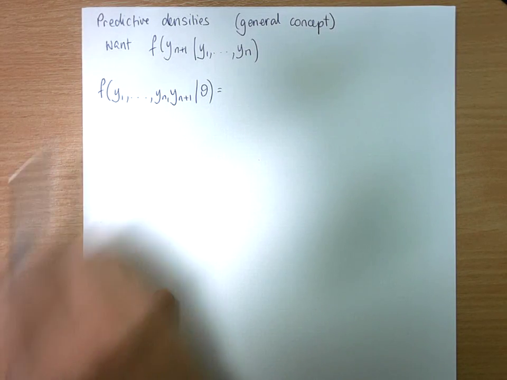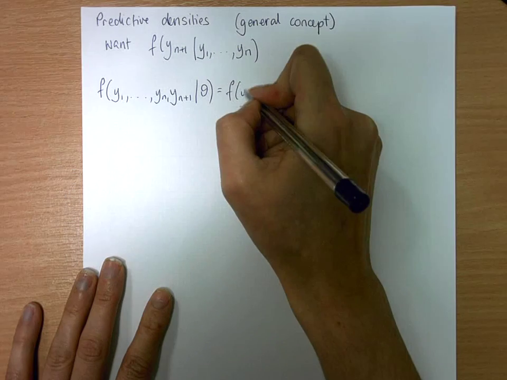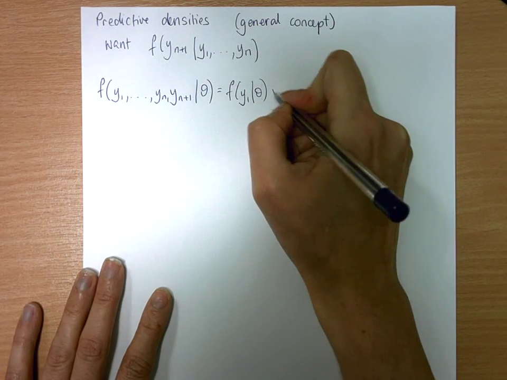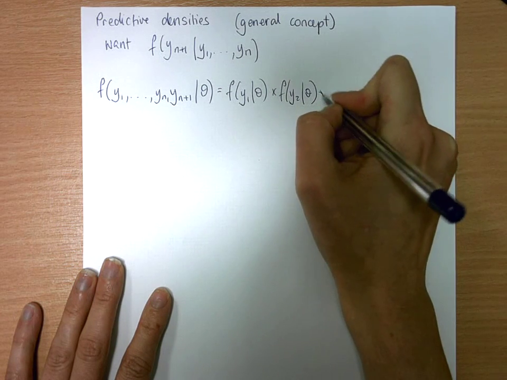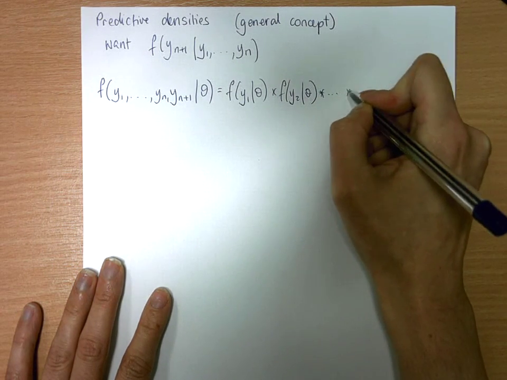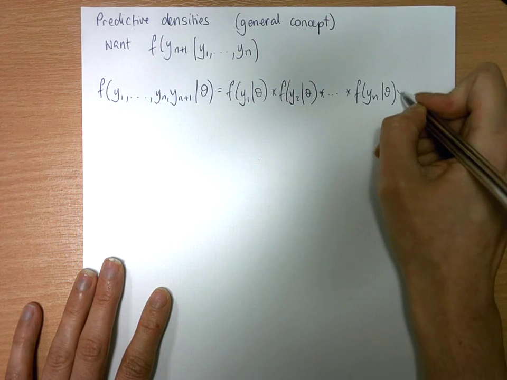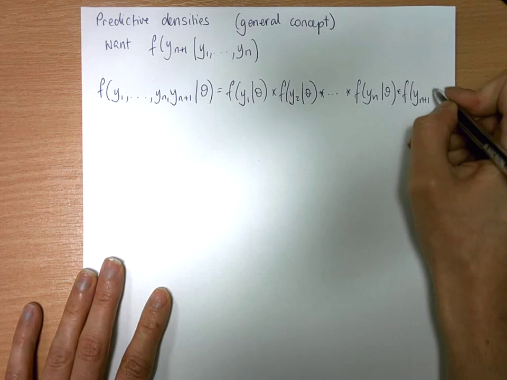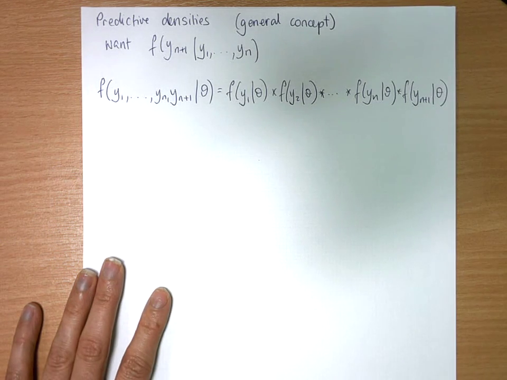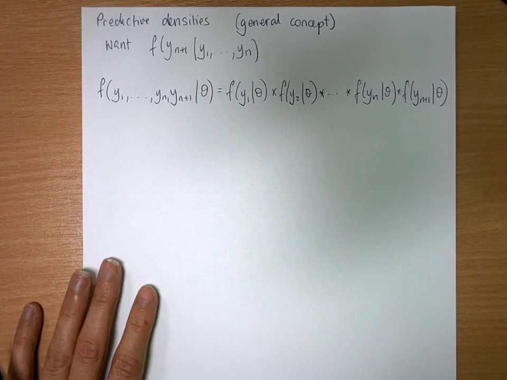And each of these are independent observations, so they can each be written like this: f of y_2 given theta all the way up to f of y_n given theta and f of y_{n+1} given theta. And this is quite important, that they can be split because of independence.